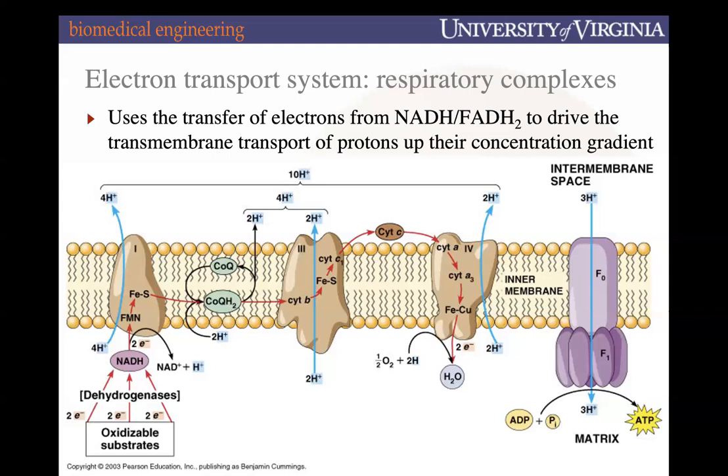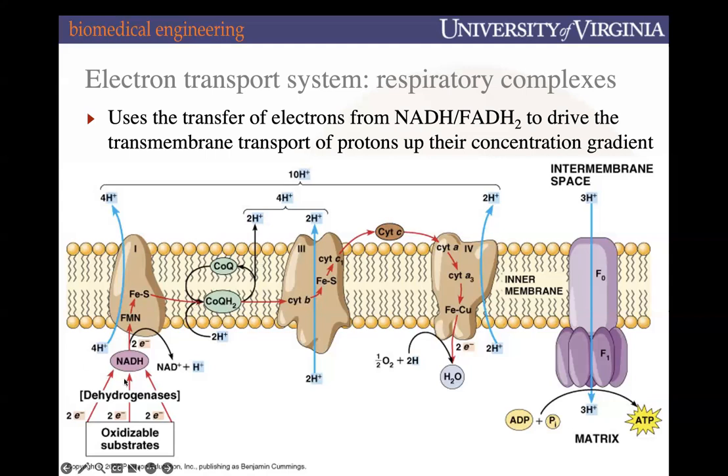So what's first going to happen is that to the far left, we have complex 1 that will first interact with NADH. NADH has been the electron acceptor up to this point. Now it's going to be the donor. It's going to be oxidized and lose its electrons. There are going to be intermediate carriers of these electrons that go from complex 1 over to complex 2, or to complex 3 and complex 4.